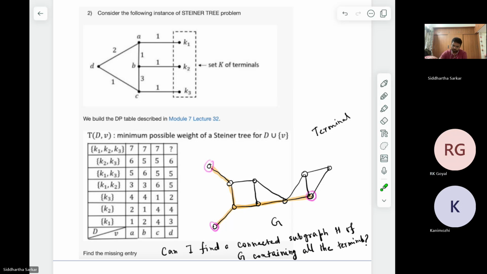Let us say the weights are equal, so I'll focus on the number of edges. One, two, three, four, five, six. Six edges have been considered, and I do not find a solution better than six edges while covering all the terminals. Yes, this is the solution.